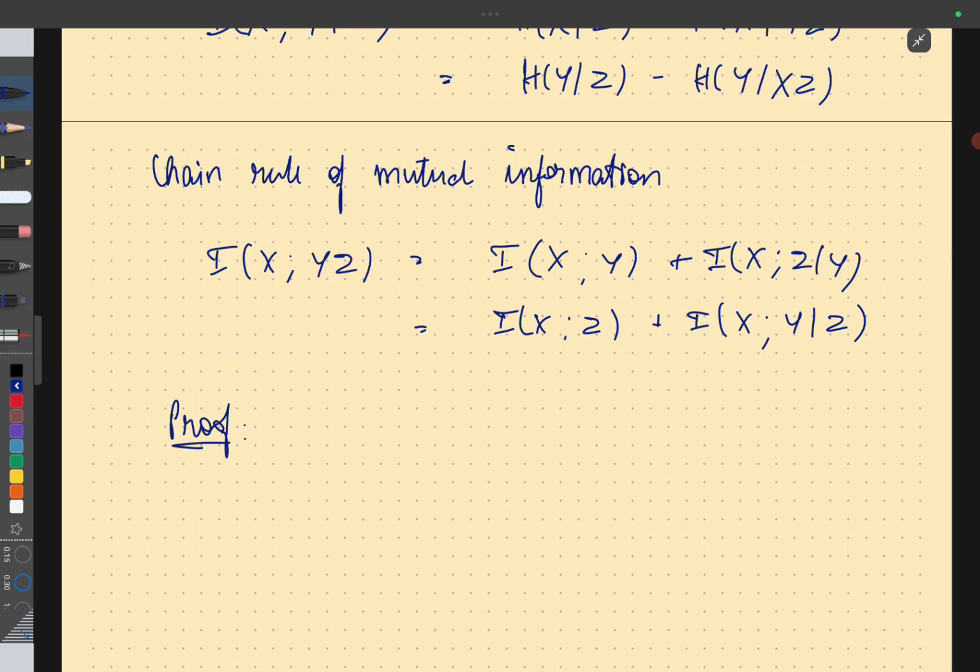This just follows from the chain rules of entropy that we have seen previously. So the mutual information between X and YZ is equal to h of YZ minus h of YZ given X, just by definition.